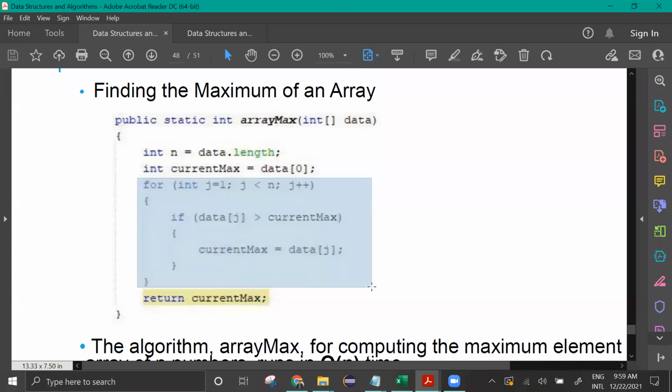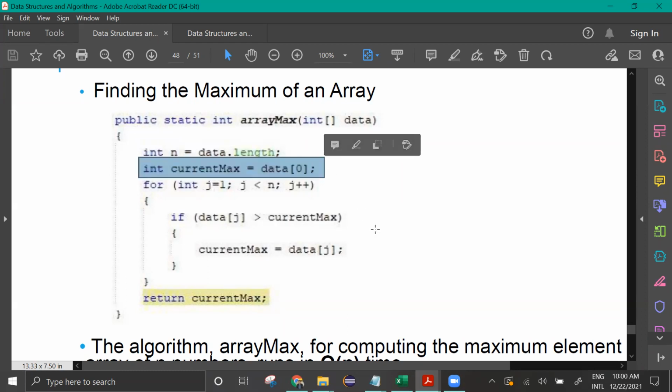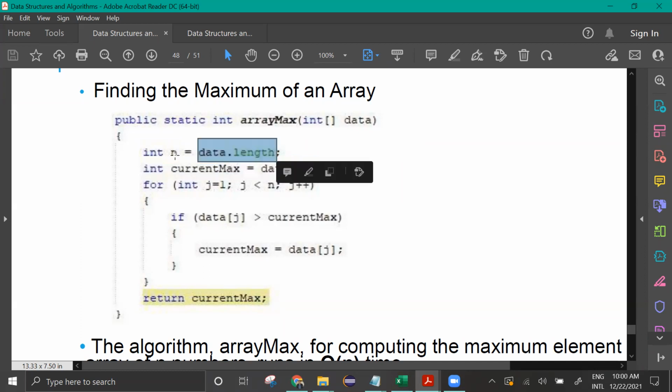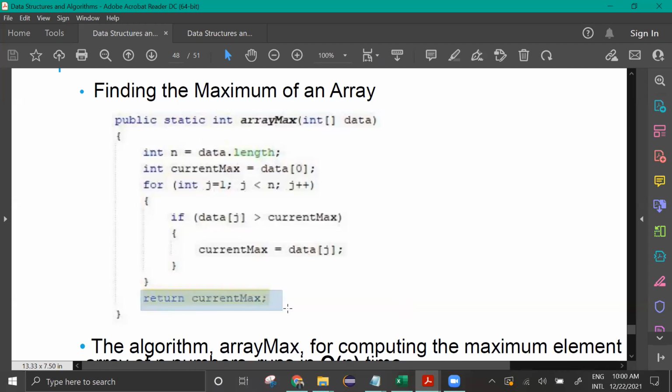However, the exact time it takes would be different. For example, we have an assignment operation here, and then another assignment operation, and then the length. Then we have a return operation.